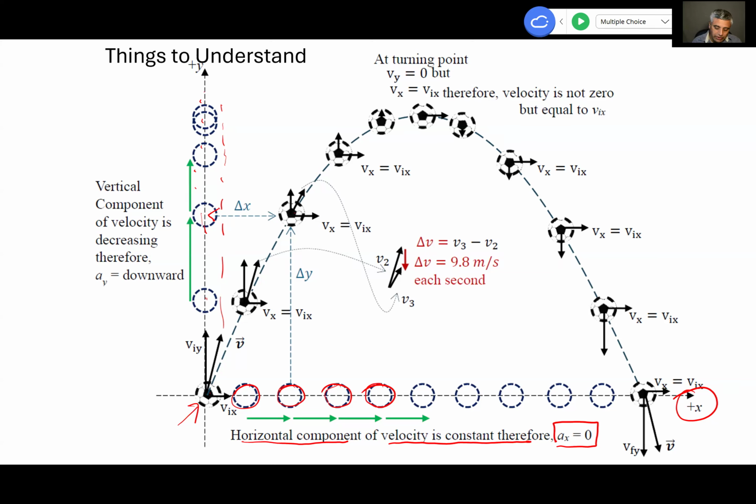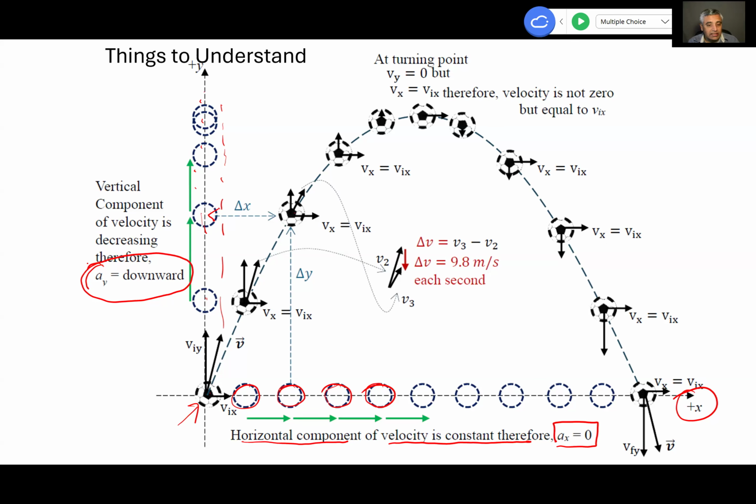But along the vertical direction, it's first slowing down, meaning acceleration is down. Then once it reaches the highest point, it starts speeding up downward again, so acceleration is down. In both cases, acceleration is downward.